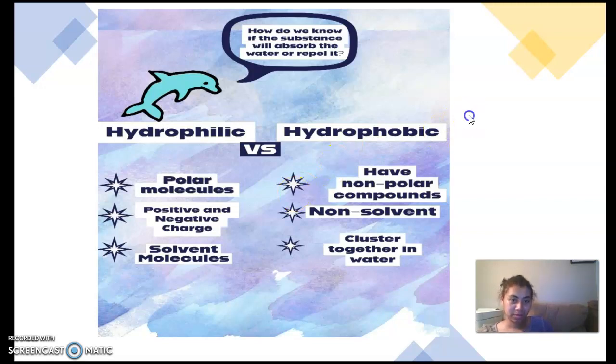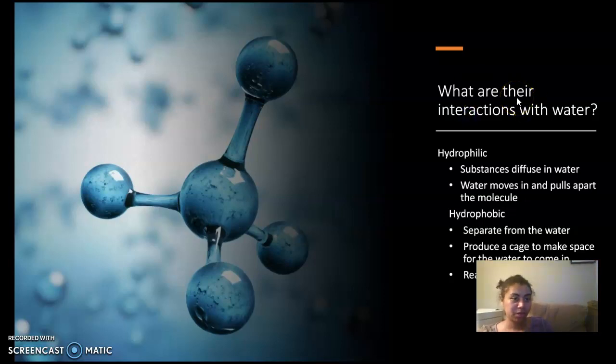So, now there are interactions with water. As we talked about earlier, substances diffuse in water. If it's hydrophilic, water moves and pulls it apart. I'm going to use that fizzy water again. Pouring fizzy water, it disperses and pulls apart. The molecules pull apart.